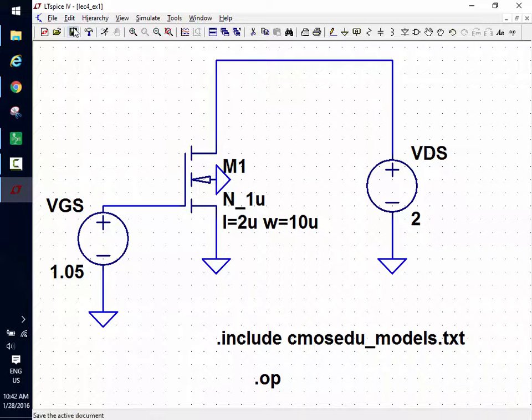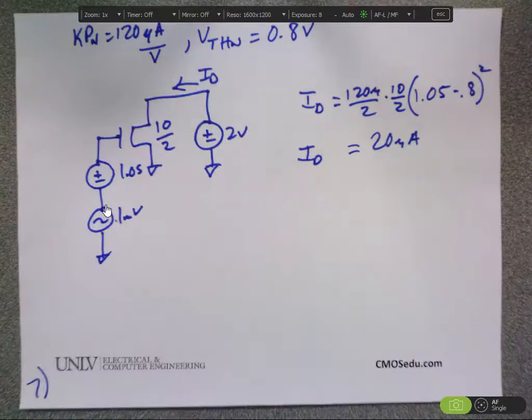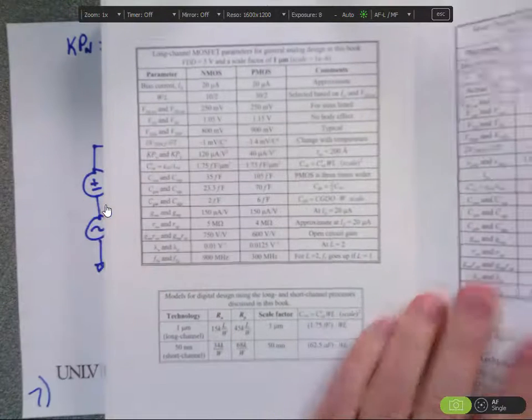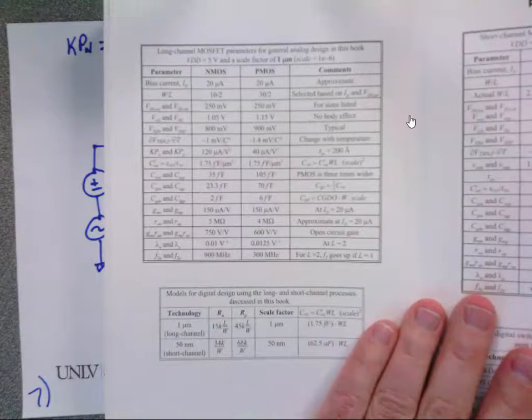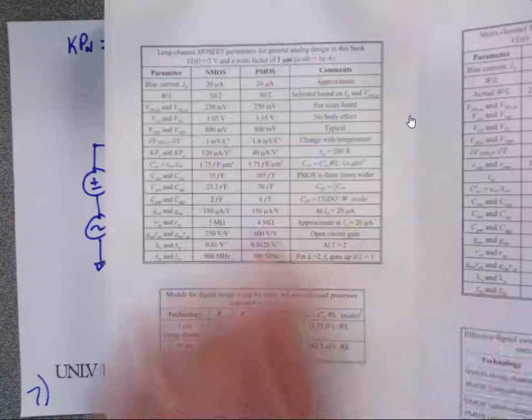And before I move on, let me show you something, because we're going to use these sizes and currents over and over again. If you look in the back of the book, you need to understand this, because if you just say, well, it's in the back of the book, you're not going to do well.